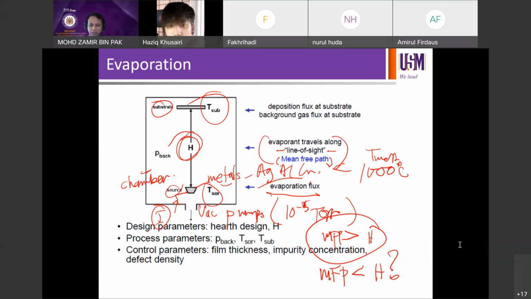If you talk about this case, MFP less than H, it really depends on how much less. Kalau it's like very much less, then of course you will have nothing on your substrate at all. If your MFP is just less than H, dekat-dekat lah, ataupun balik KL kayaknya dah about right lah, sampai Jalan Duta lah, tapi tak sampai, tak masuk town ke, for example.